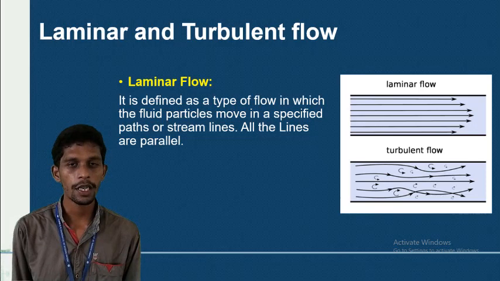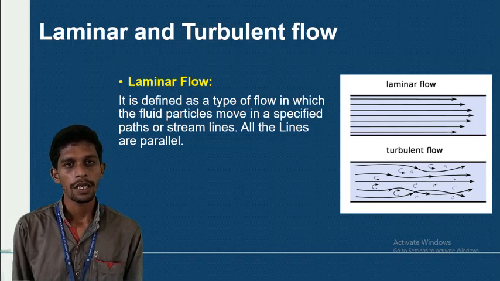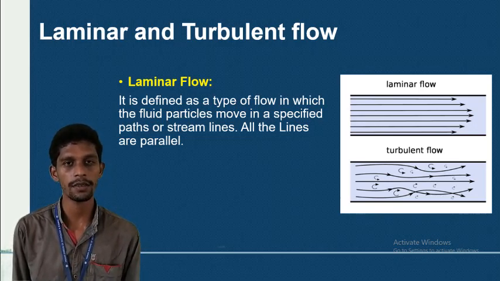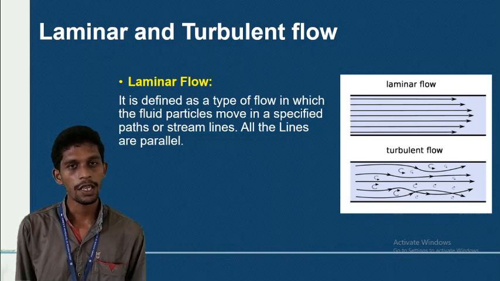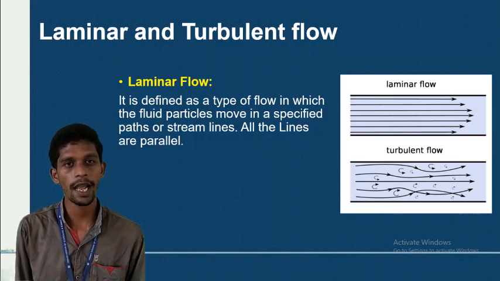So the fluid particles do not coincide beyond their paths. This is laminar flow actually. You can see parallel streamlines over there. The fluids are flowing in parallel streamlines. Each and every streamline will not coincide at any point. That type of flow is called laminar flow.